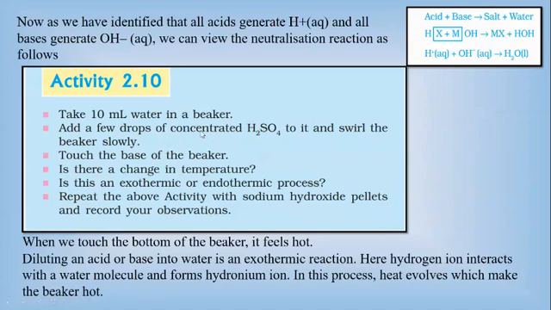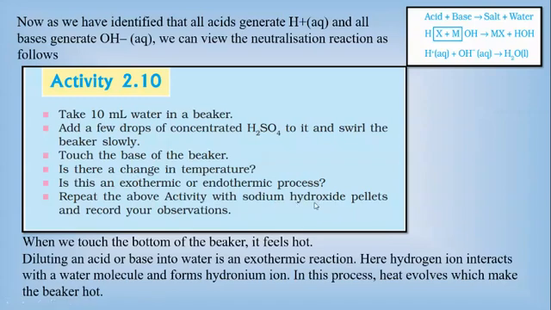Now, when you took concentrated sulfuric acid and water, what happened? There was an increase in temperature. The beaker became hot. So this is an exothermic reaction. Why is it exothermic? Because heat is released. Now carry out the same experiment with sodium hydroxide.